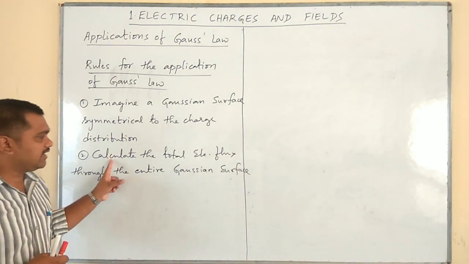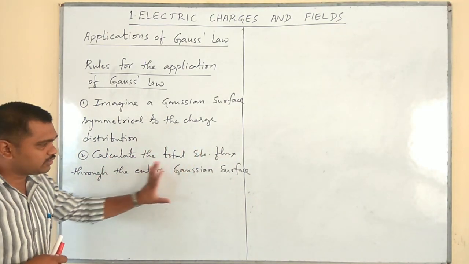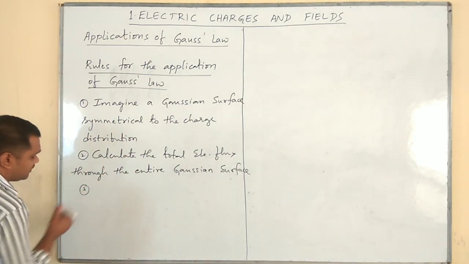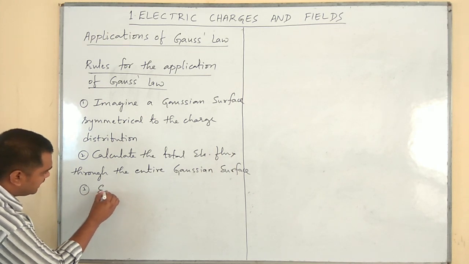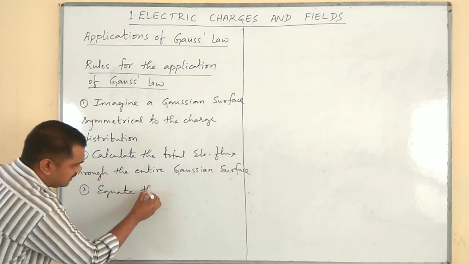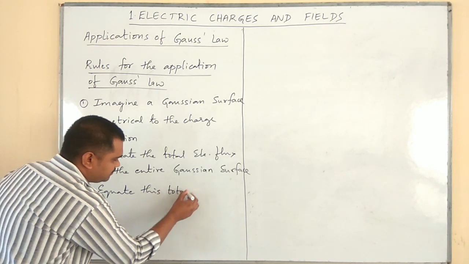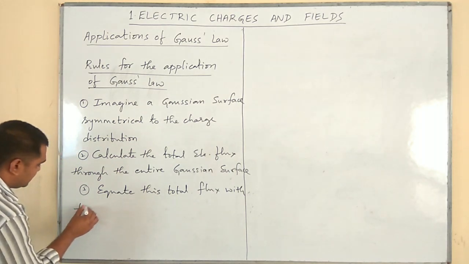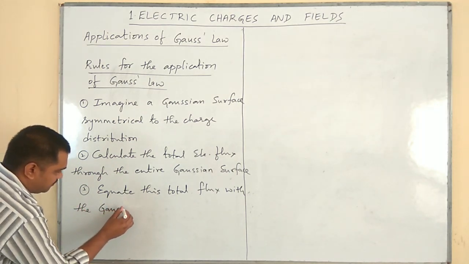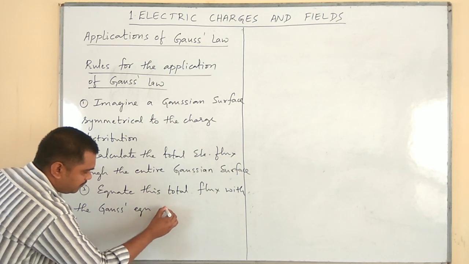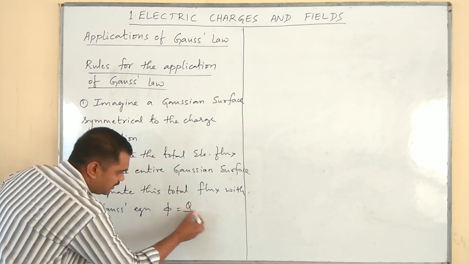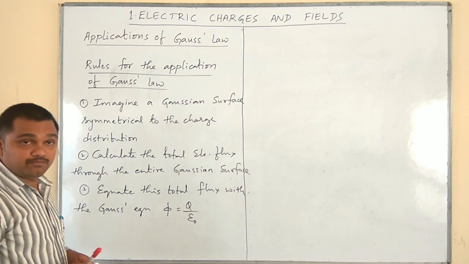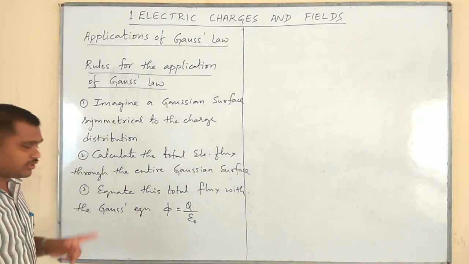And the last rule, the third one, is to equate this total flux with the Gauss equation: phi is equal to q divided by epsilon naught, otherwise, 1 over epsilon naught times q. See, this is the third rule one should follow.